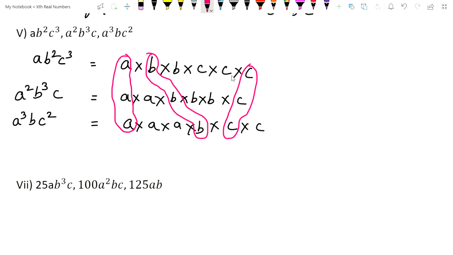Here two c's are there, but here there is no c except the one we already included. So now write the GCD. Here a is common, a, next b, next c. So what is the answer, children? GCD is a b c. Is it clear, children?